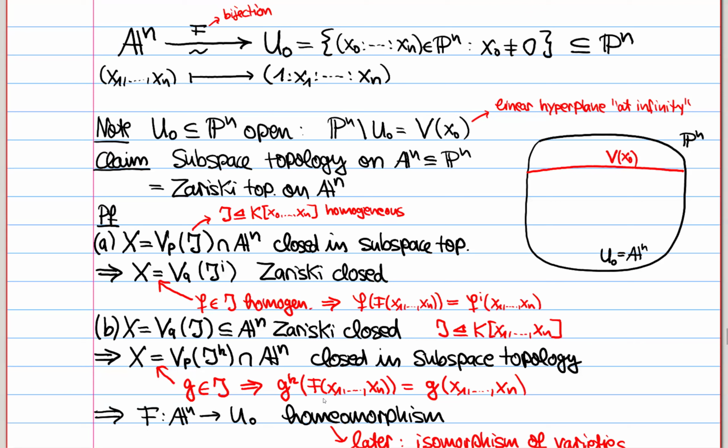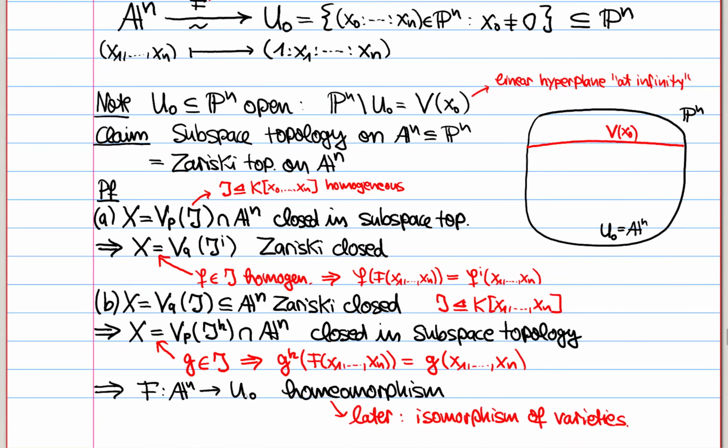Because, well, basically this sets x0 to be 1. And then if you plug this into g^h, this actually didn't do anything. We just get back the g. And so again, you see that somehow this set is cut out by the same equations as this set. And okay, this finishes the argument. You just have to maybe write it down for yourself and convince yourself.